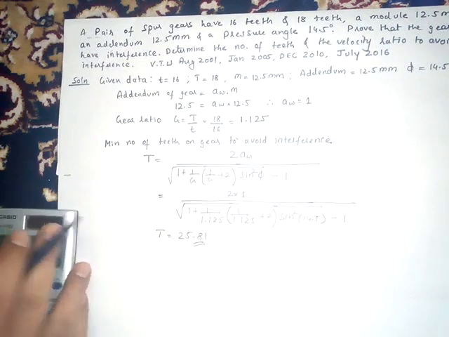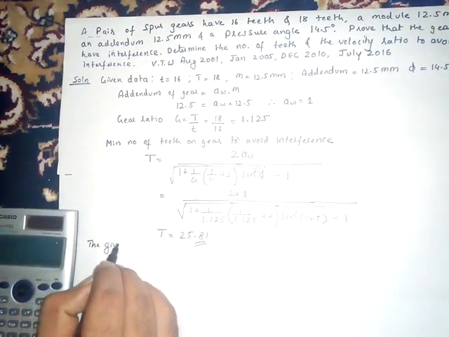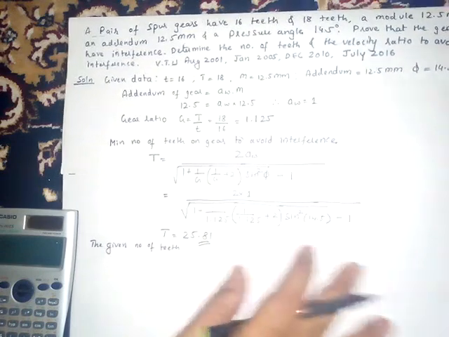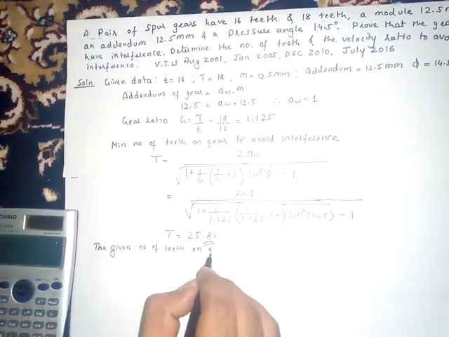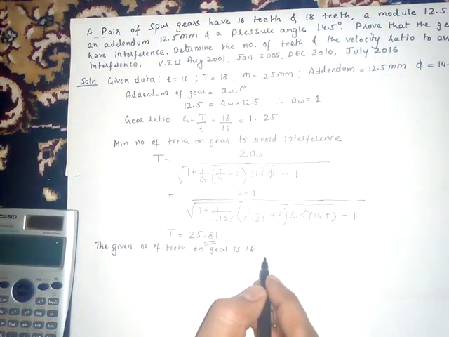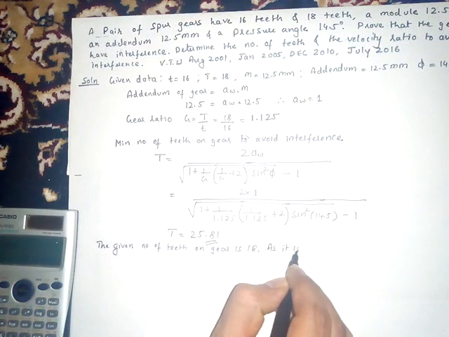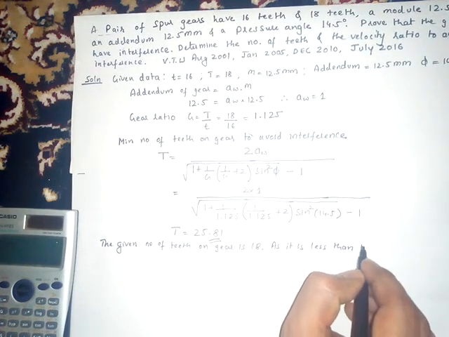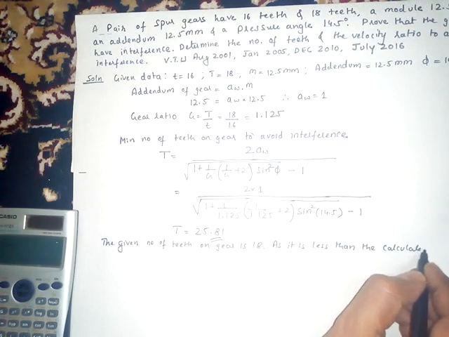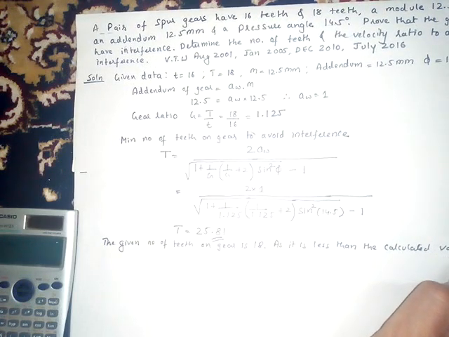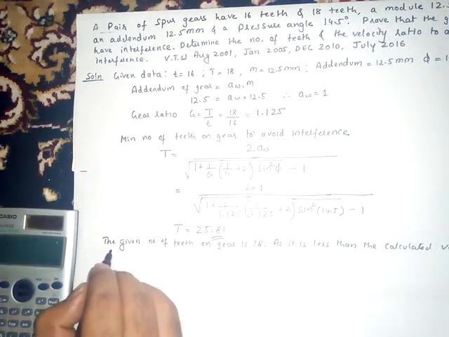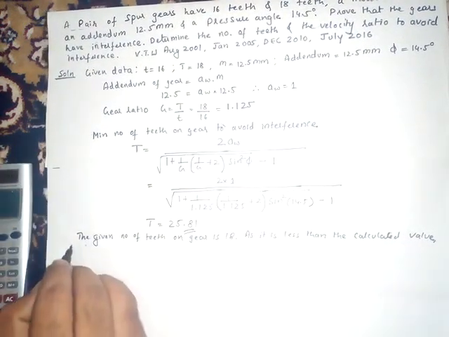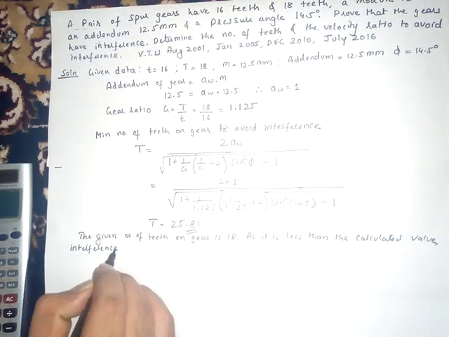So we'll write the conclusion. The given number of teeth on gear is 18, as it is less than the calculated value, interference exists.